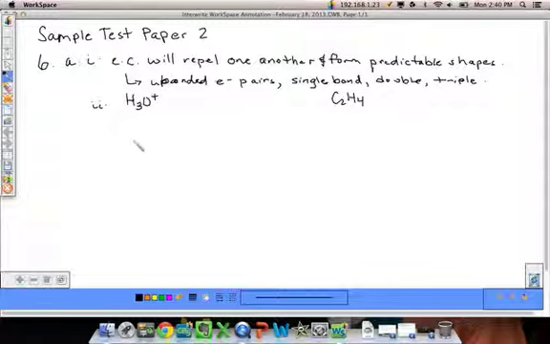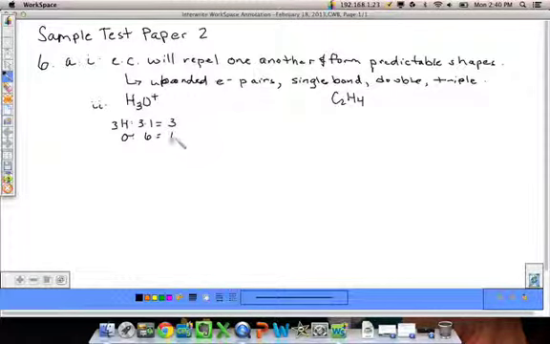First of all, whenever we want to attack these Lewis structures, we want to see what number of valence electrons each of our atoms have. So we have hydrogen here. There are 3 hydrogens, and each hydrogen has 1 valence electron for a total of 3 electrons. Each oxygen has 6 electrons.